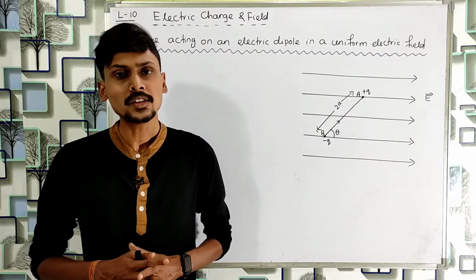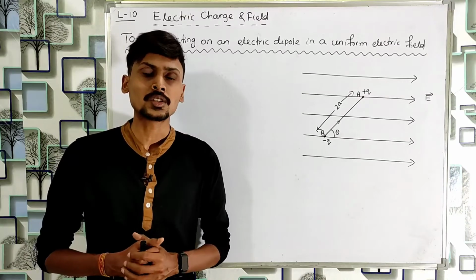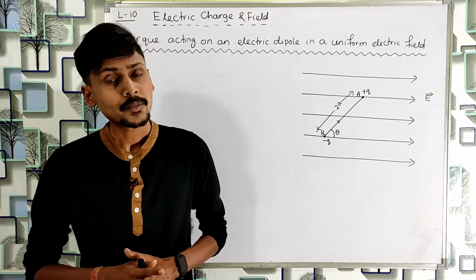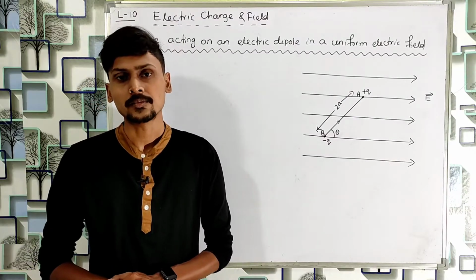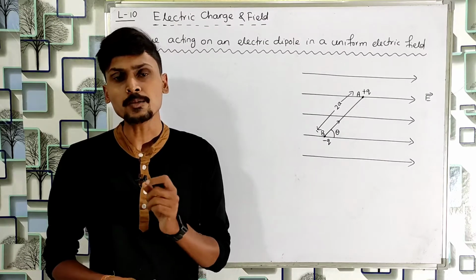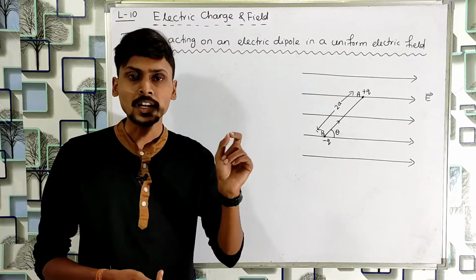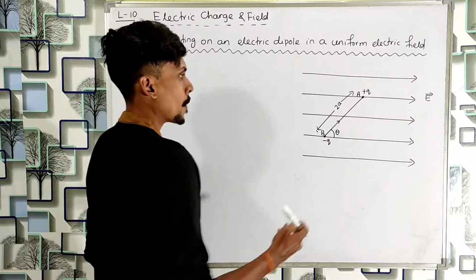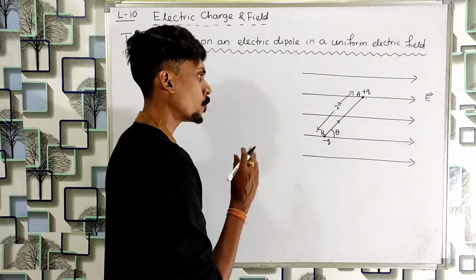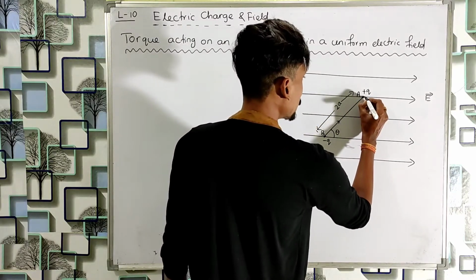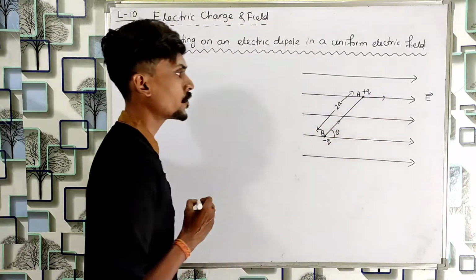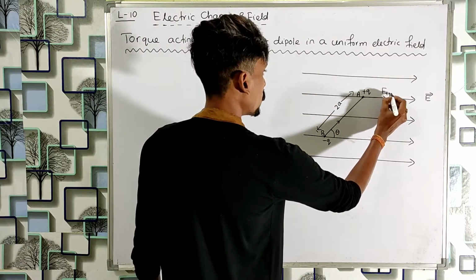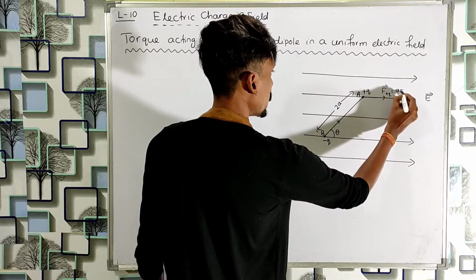It means both charges have the same magnitude and are placed at the same electric field intensity, so both will experience the same value of electrostatic force, but the directions of the force will be different, because a positive charge experiences force along the electric field and a negative charge experiences force opposite to electric field. At the point A, we have a positive charge plus Q, which will experience a force along the electric field direction. The value of that force is F plus Q vector equals Q into E vector.